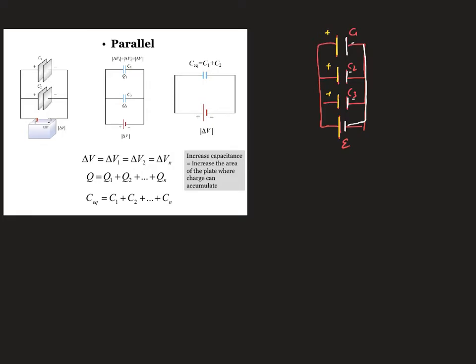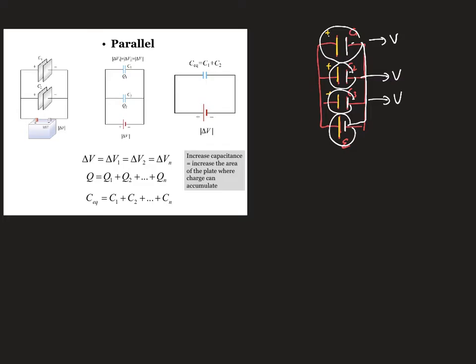So as if each capacitor is basically a battery, because you have positive and negative, the same as the battery here. This one we can also treat as a battery, and this one also, because it is directly connected to the battery.